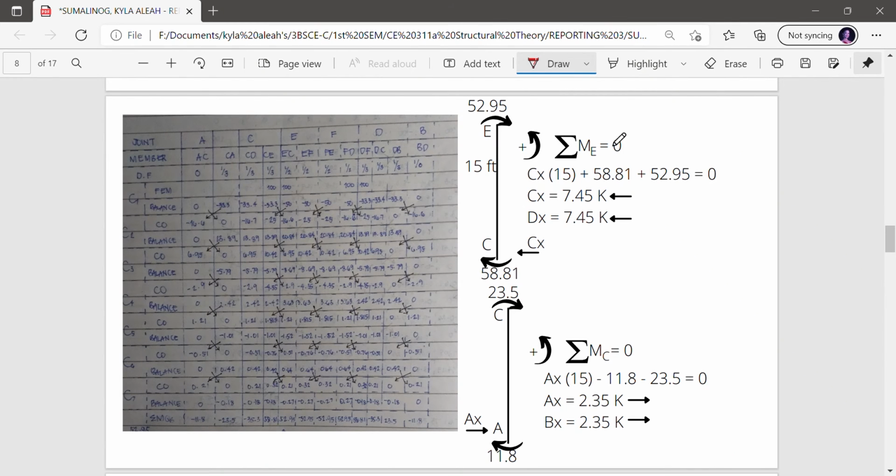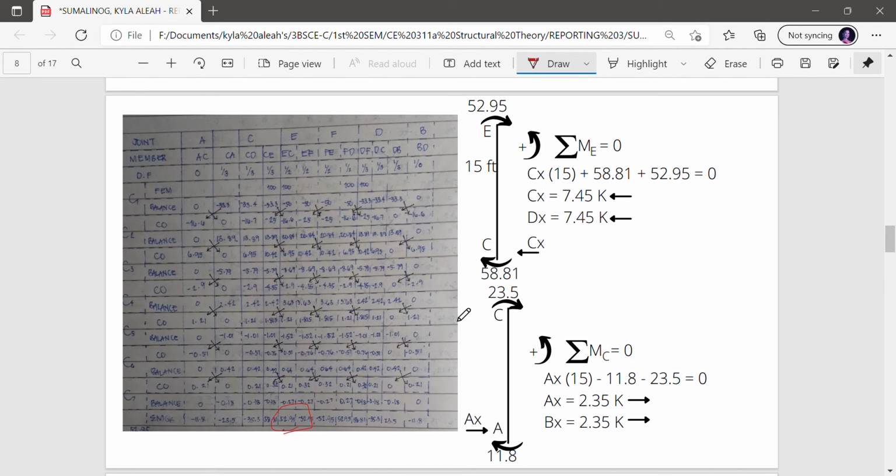Now let us proceed to getting the moments at E. The summation of total moments present is CX times 15, which is the arm length, plus 58.81 plus 52.95, which equals 0. So 58.81 is from the EC and the CE on this final moments.